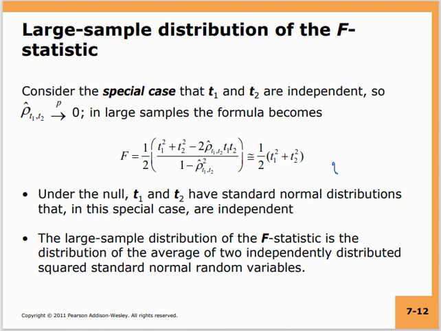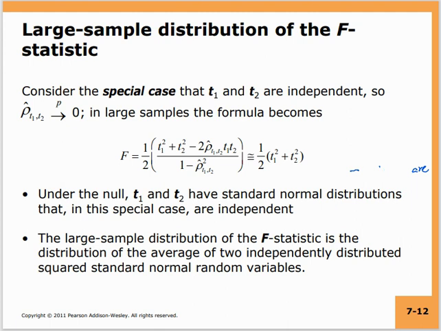So there is a distribution called the chi-square distribution. The sum of squares of two variables that are standard normal is a chi-square distribution.